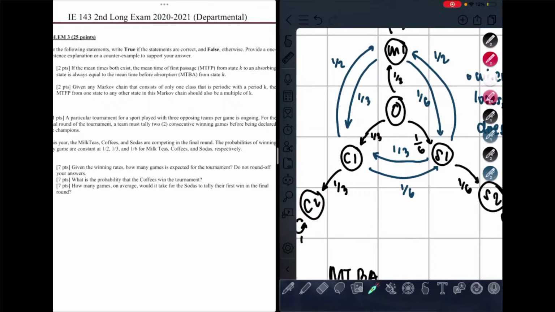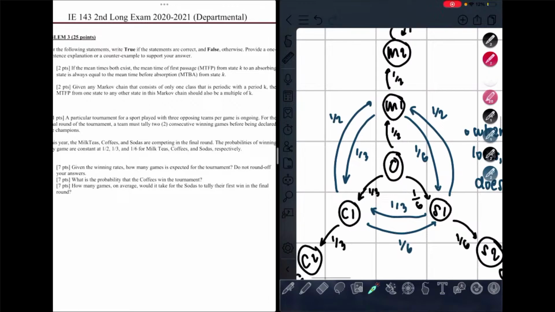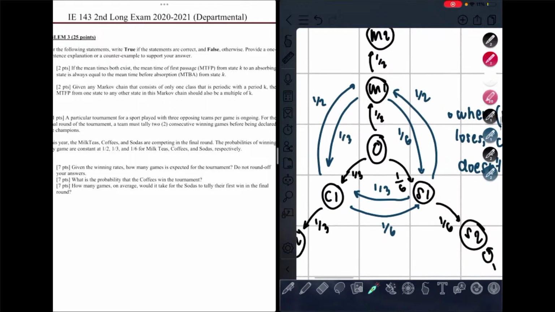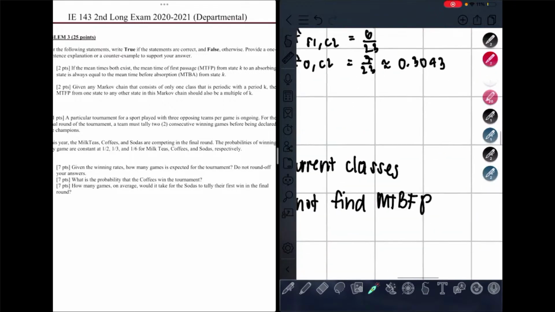So you can't have a number of games before their first win, because they just didn't win in this specific run of the scenario. So if they end up winning and you never pass through here, the mean amount of time is indeterminate, which makes sense.